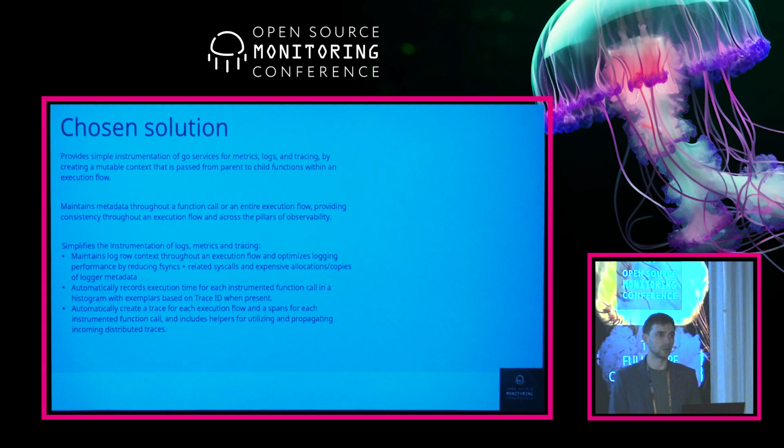We can then implement more efficient buffer logging, so we can reduce things like fsyncs and syscalls, expensive allocations and copies of logger metadata, and we can really optimize the buffers. So this meant that not only were we getting more consistent metadata, but our logs were showing up in the ingestion service in the order we were expecting them to, and it was actually having a positive performance impact on our services through these optimizations.